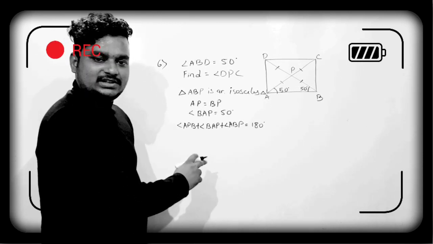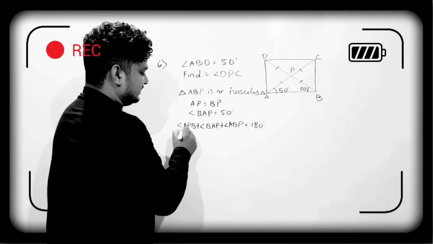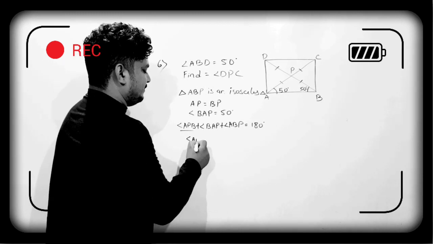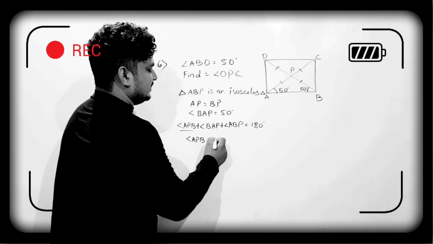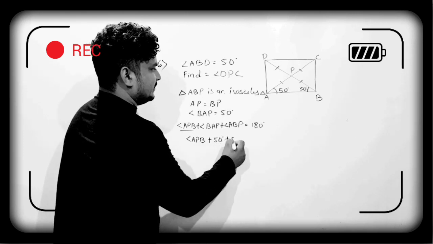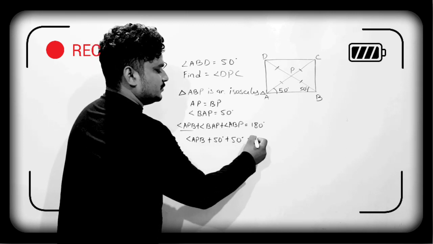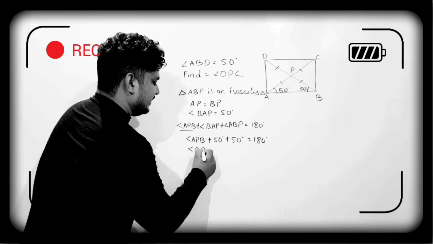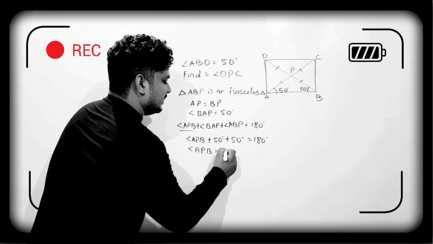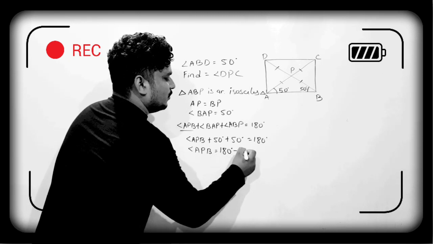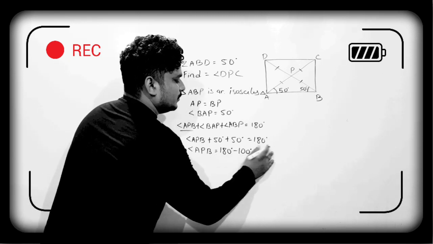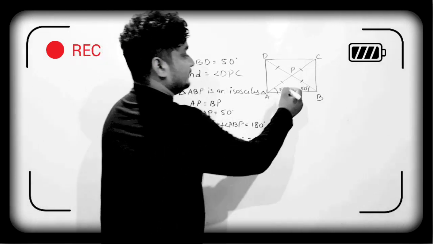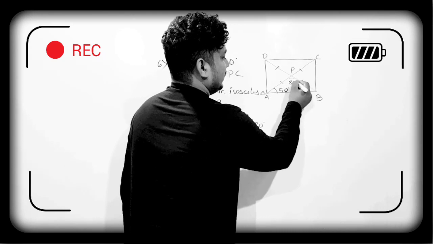So this is called the angle sum property. Now we don't know this angle, and we know the values of these two angles. Angle APB plus 50 degrees plus 50 degrees equals 180 degrees. Angle APB equals 180 degrees minus 100 degrees, which equals 80 degrees. So we got this particular angle as 80 degrees.